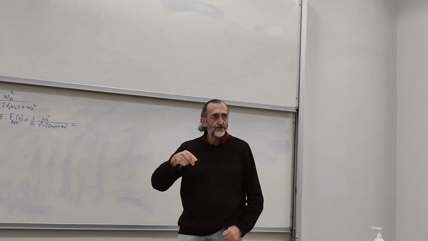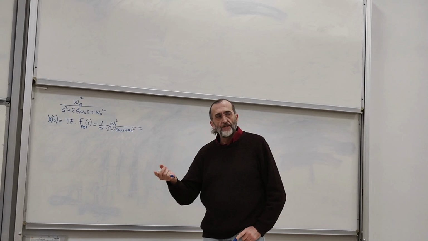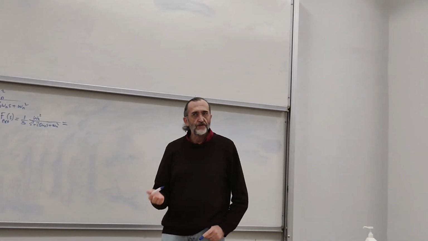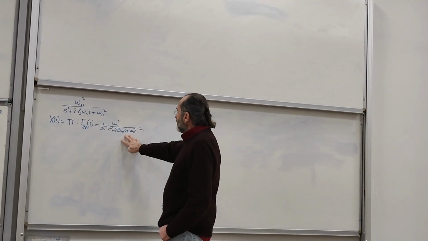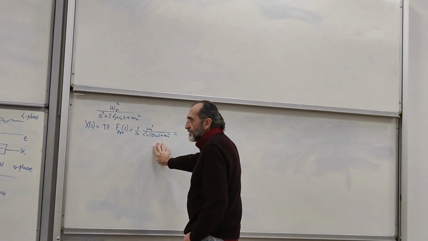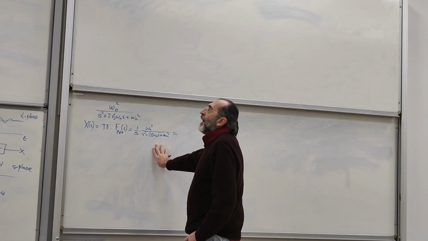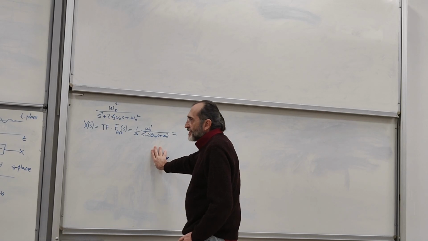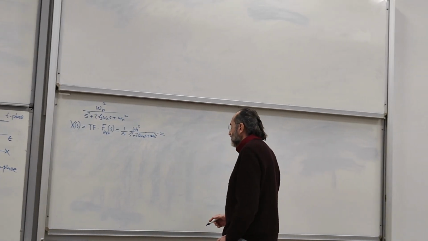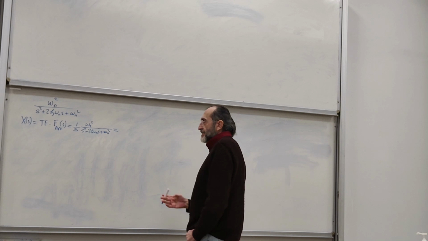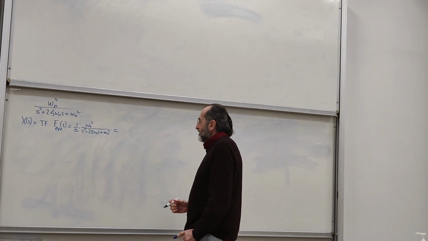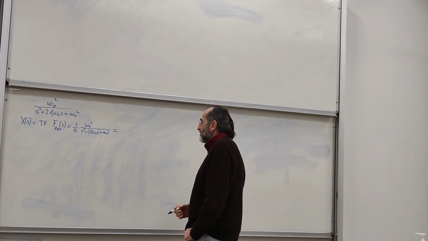We call that the partial fraction solution. You remember that, right? Because we don't know what the inverse of this is, we have to express it in terms that we can recognize as the inverse Laplace of something.